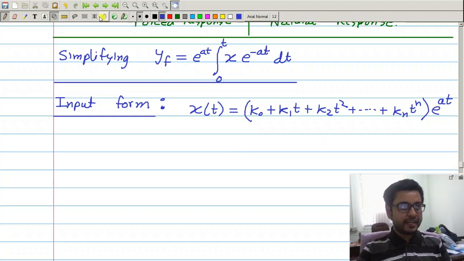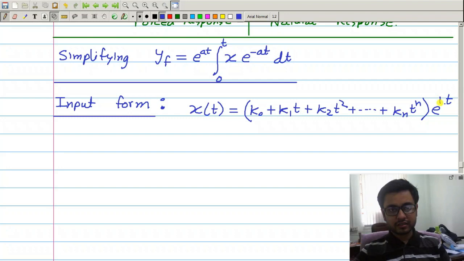Or let me take e to the power bt, since a is already used here.